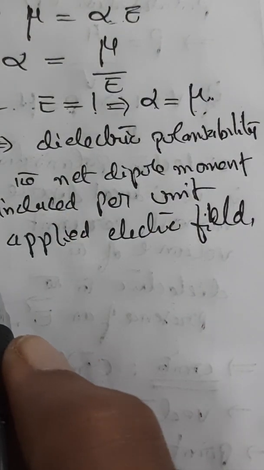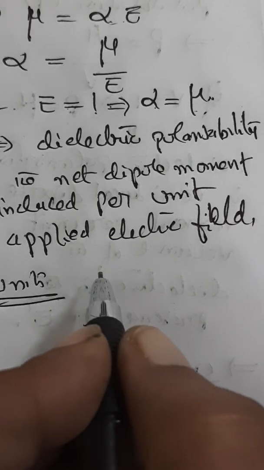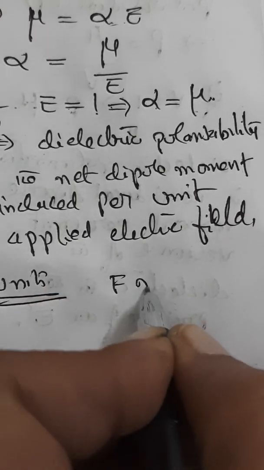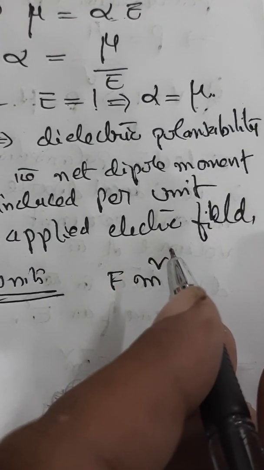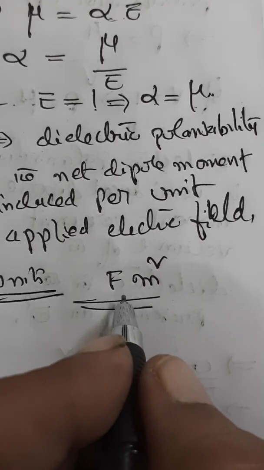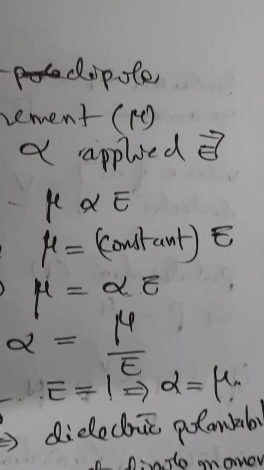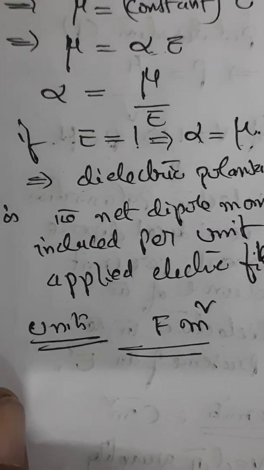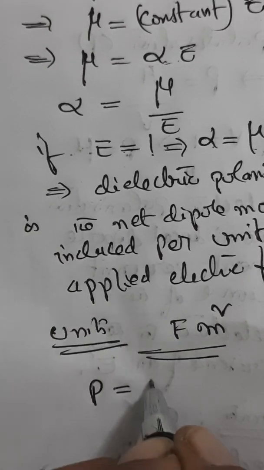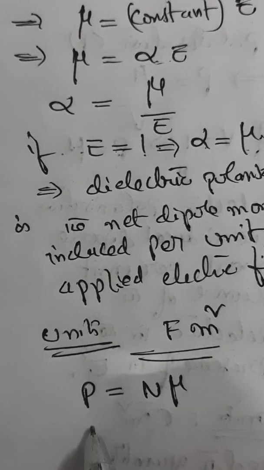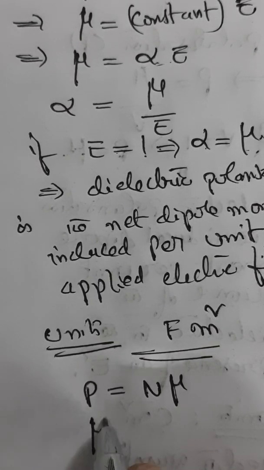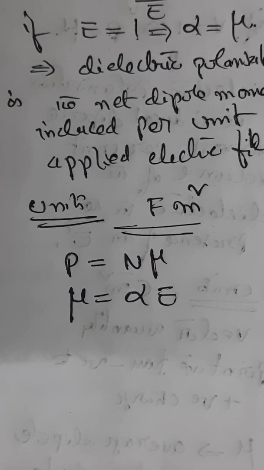So what are its units? The units of polarizability are Farad meter square. So you got two equations now. Already you got P is equal to N mu, and we also got mu is equal to alpha E. These are the two equations we have.